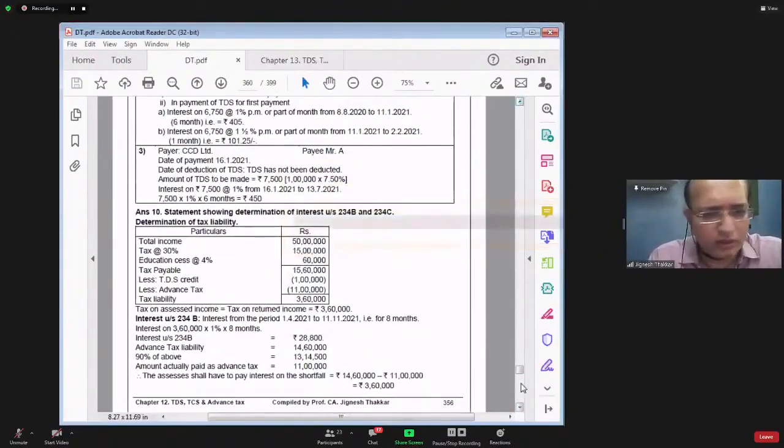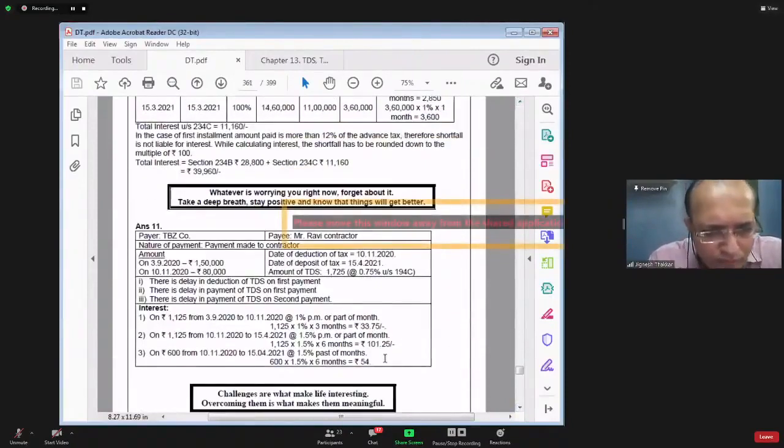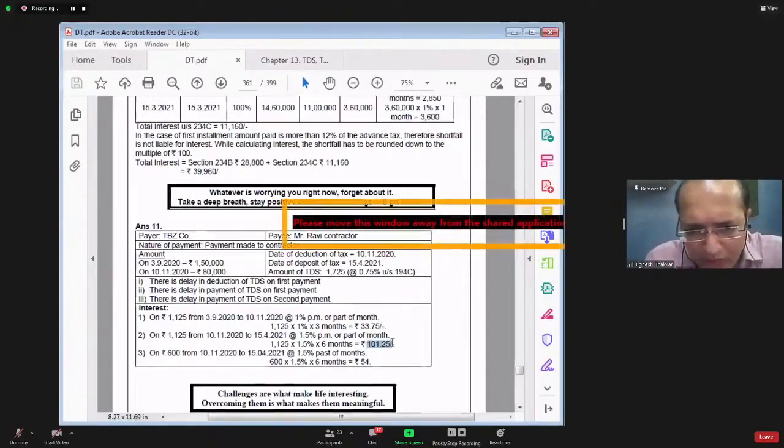Okay. So question number 11 is also over. Here we have calculated separately 101.25 and 54, so that will be 155.25.